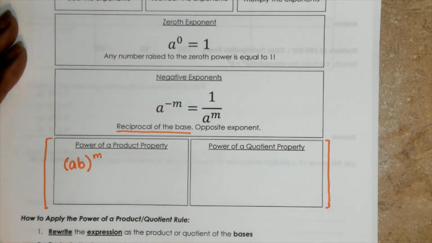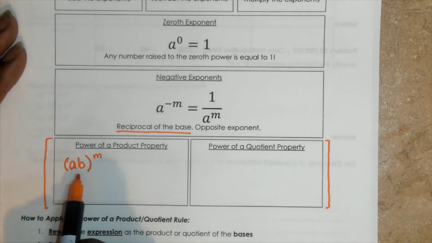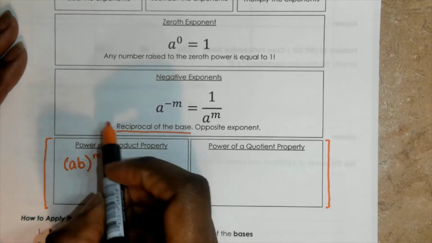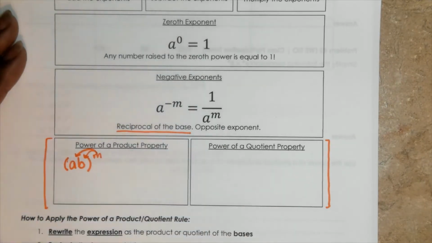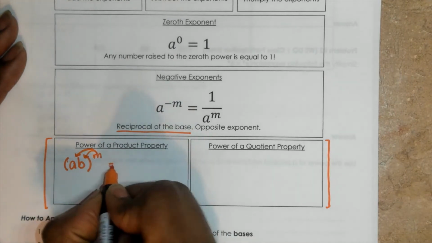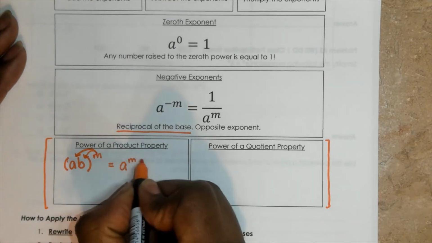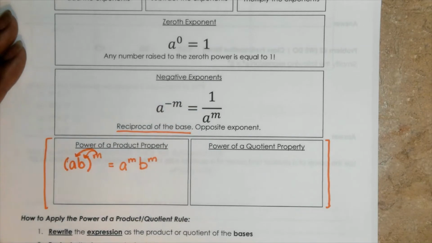Each of the numbers that are being multiplied in that product are going to get a little piece of this exponent. Right?